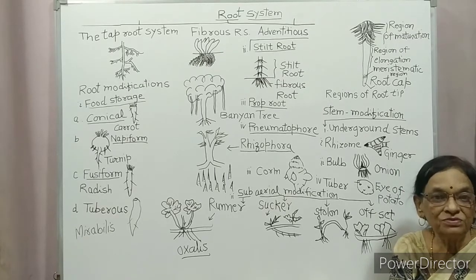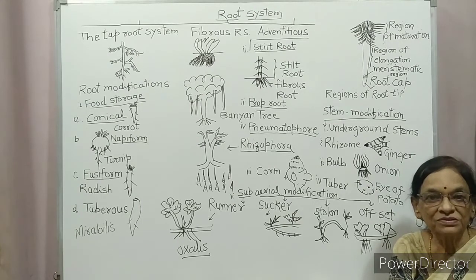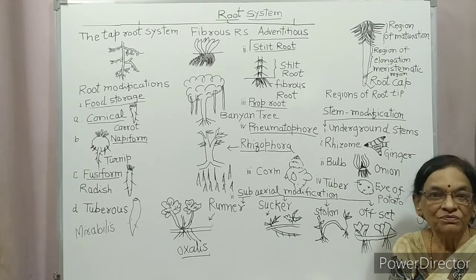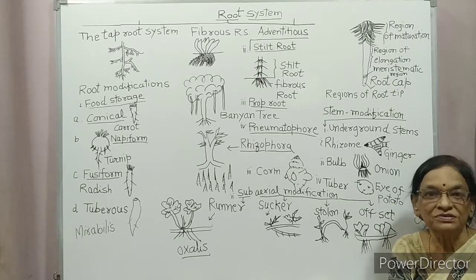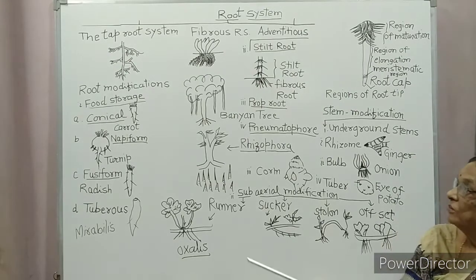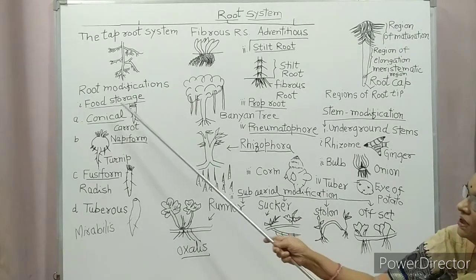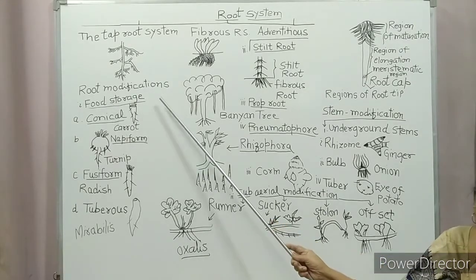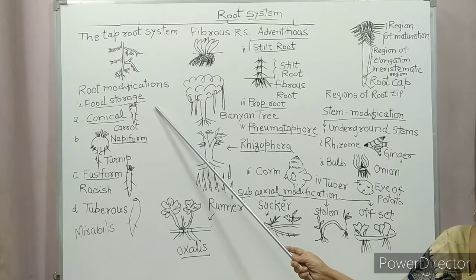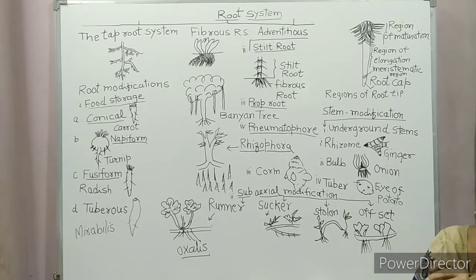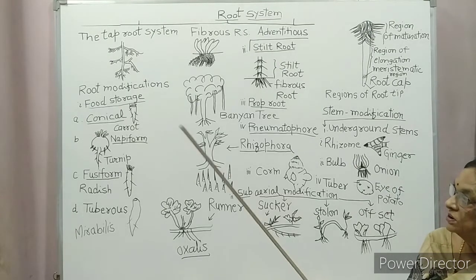But sometimes root performs some special function also. Which special functions are performed by root? First, these are called root modification. So root modification means special function performed by the root.